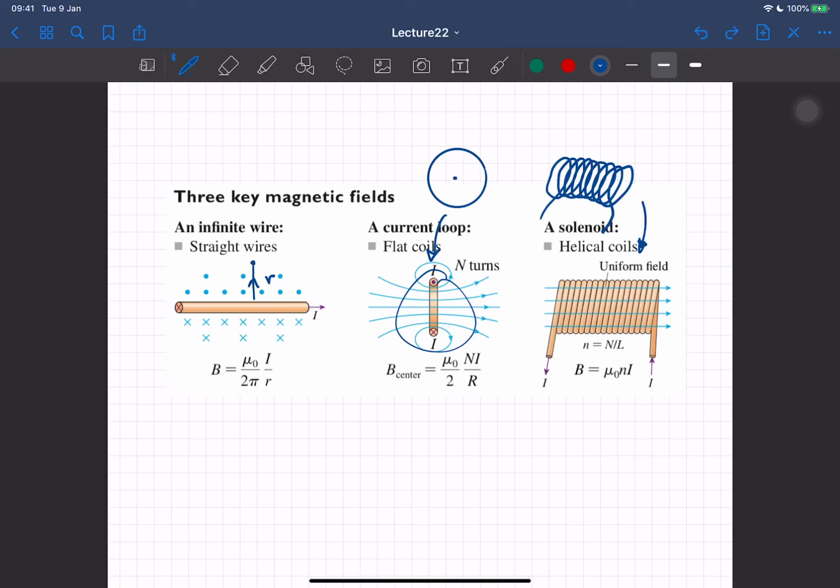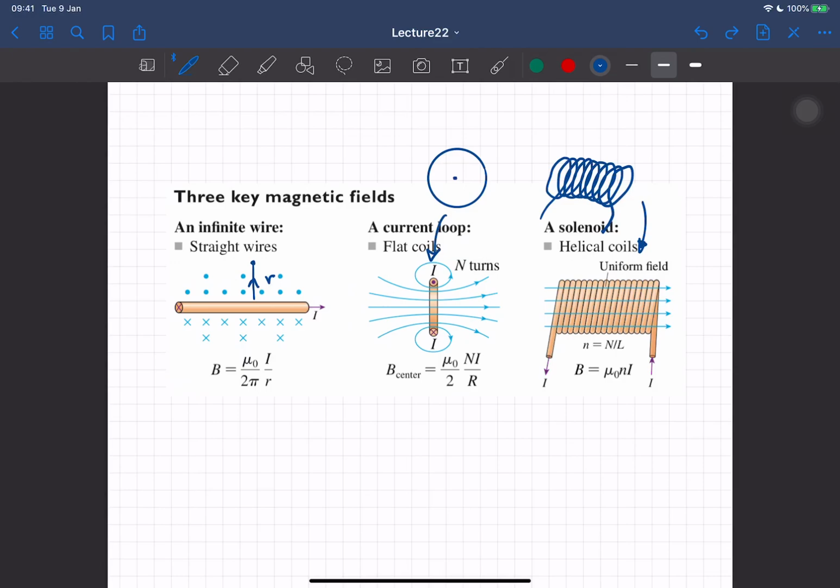You just stack up multiple coils together, and then you're gonna see that the field inside is a straight line, which is more or less uniform, and it's gonna be equal to mu zero times small n, where small n is the turns per length of the solenoid, times the current I.